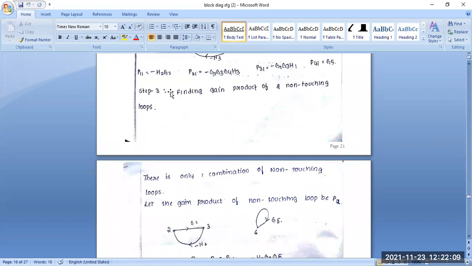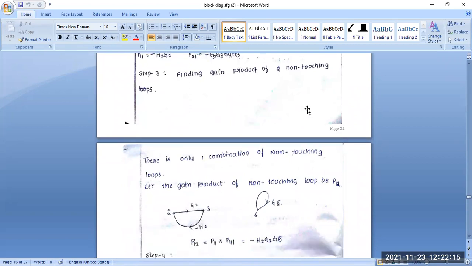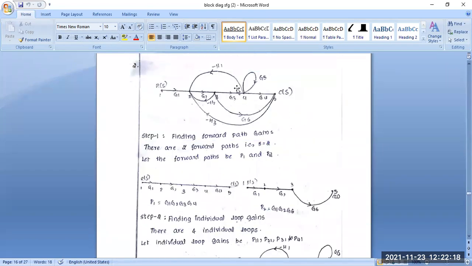Next, number 3: we have to find the 2 non-touching loops. In this diagram 2 non-touching loops are present. Which ones? This one and only this one, because any other loops touch one by one at nodes.